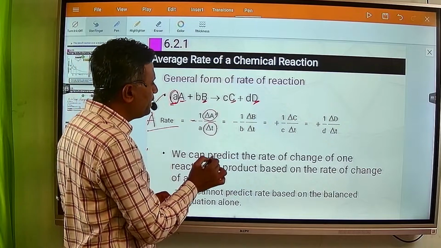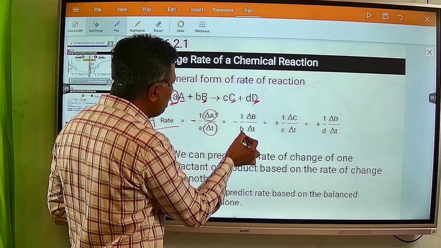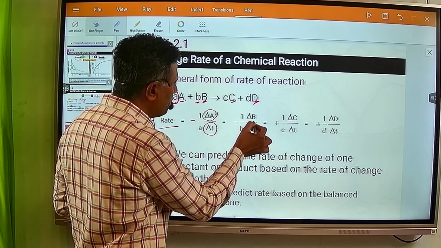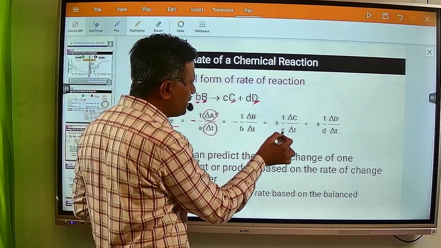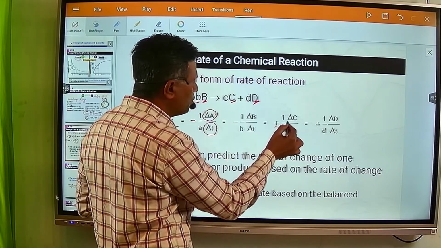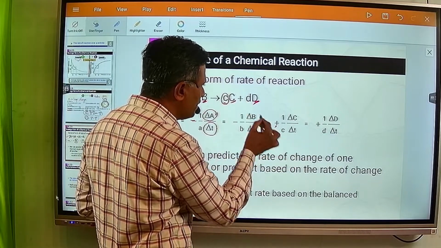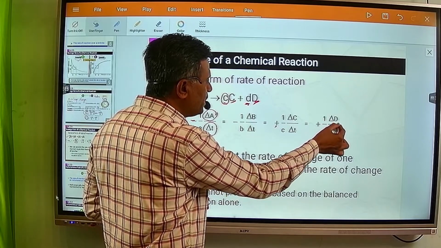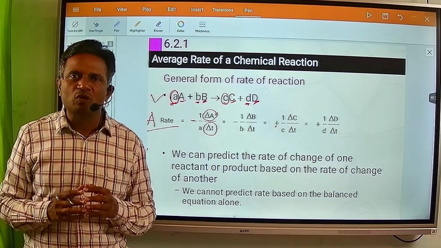With respect to B, the rate becomes minus 1 upon b, because b is the stoichiometric coefficient, so minus 1 upon b delta B upon delta T. Are you getting this? With respect to C, C is a product, so we put a positive sign here, so delta C upon delta T, stoichiometric coefficient is small c, therefore 1 upon c, and here the stoichiometric coefficient is small d, so 1 upon d delta D upon delta T. So what conclusion can you draw from this?